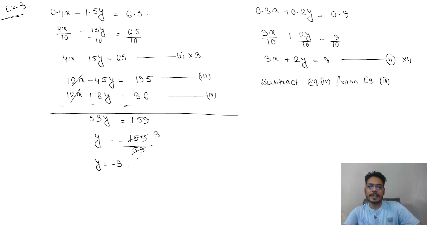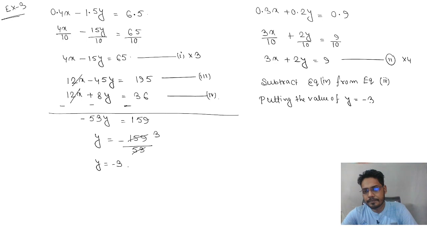Now you can find the value of x by putting the value of y, minus 3, in any equation. So now by putting the value of y is equal to minus 3 in any of the equations, I am putting it in equation number 2.